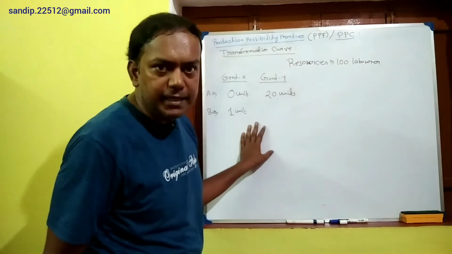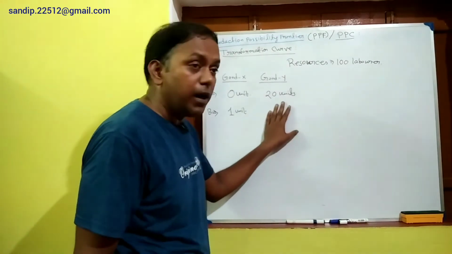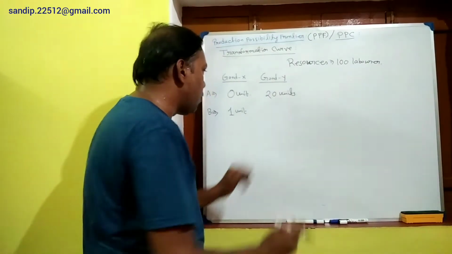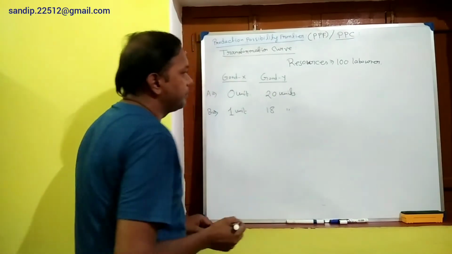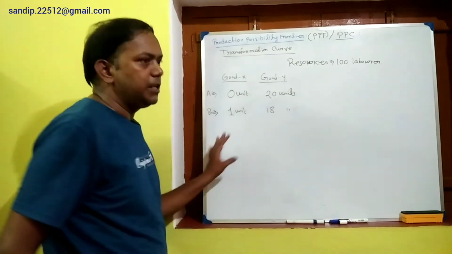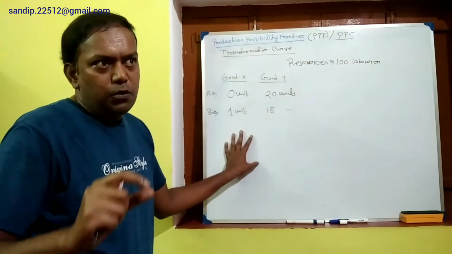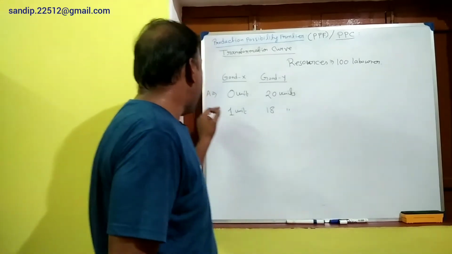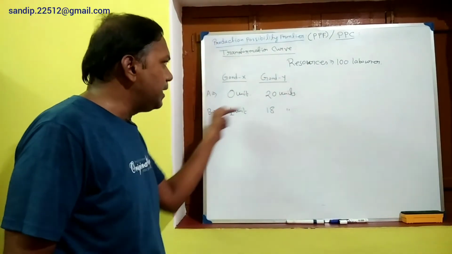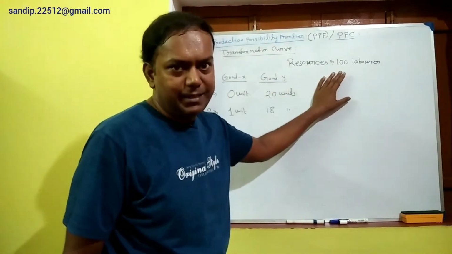And obviously the number of workers here will fall, so production of good Y will fall. Let it be 18 units. So this is another combination B. We are assuming the producer can produce either combination A or B by using the same resources.